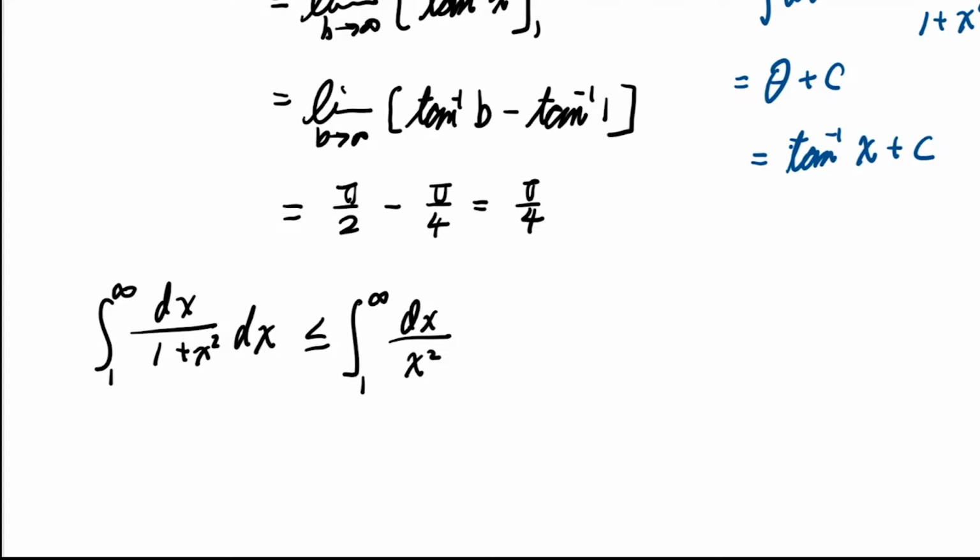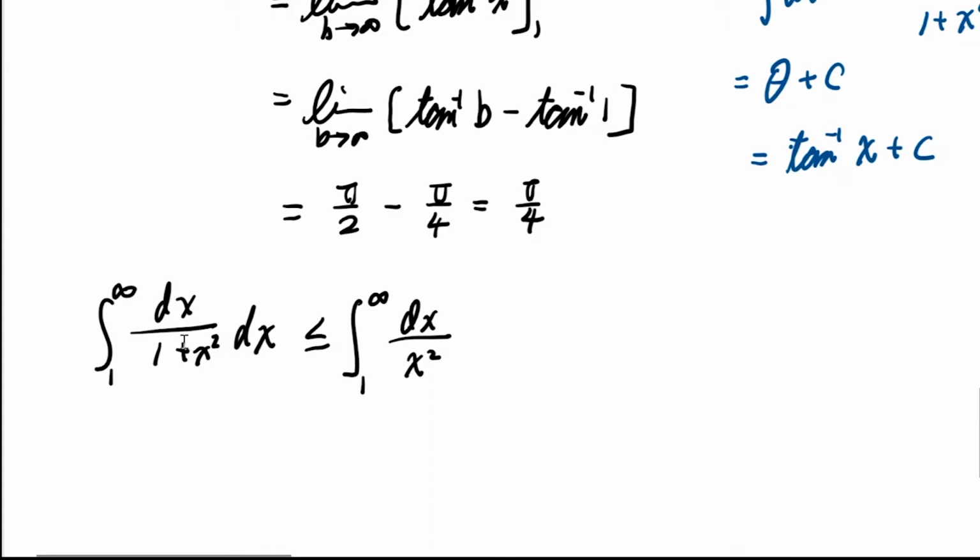I mean, isn't that essentially saying infinity plus 1 is greater than infinity? No, it's not infinity, because what we mean by an improper integral is we put a limit, and this is not infinity. As you can see, it's pi over 4. And if you evaluate the other one, it's going to be 1.